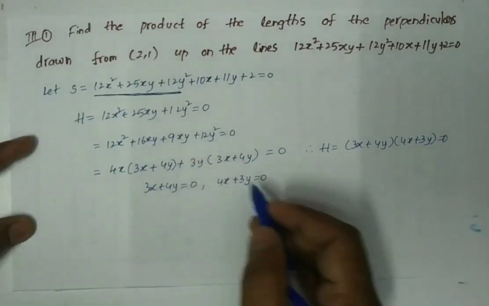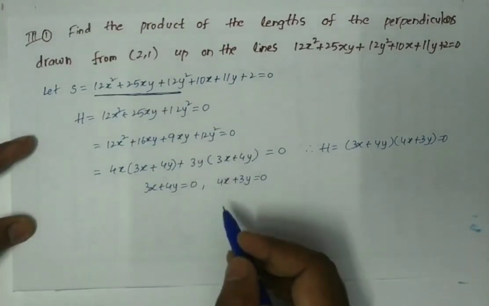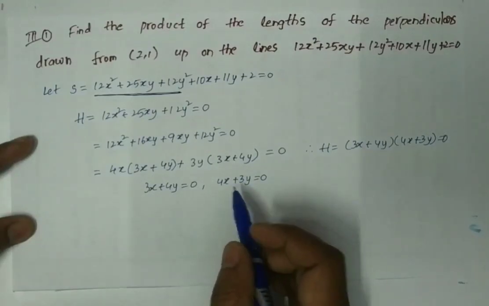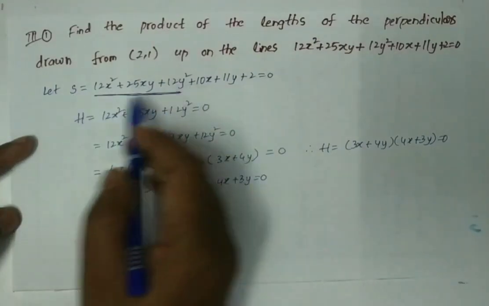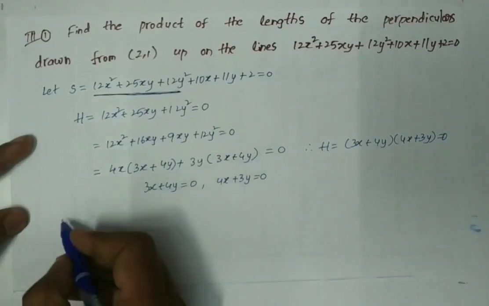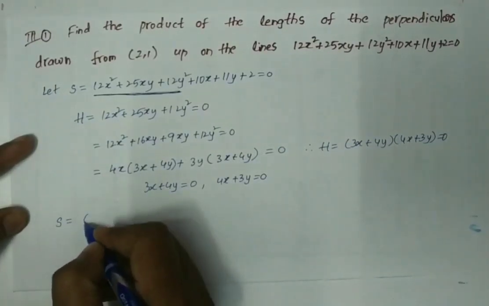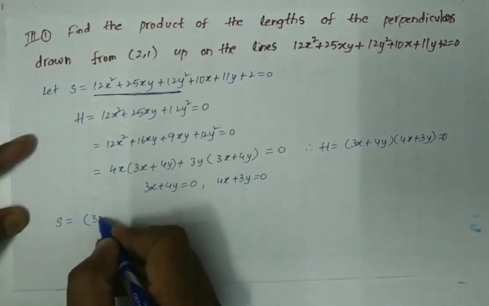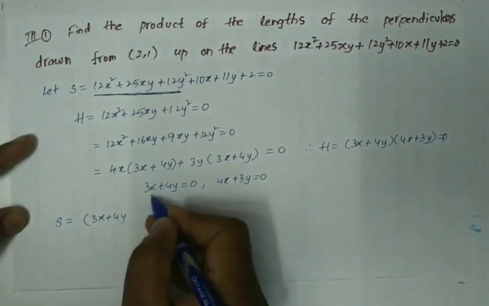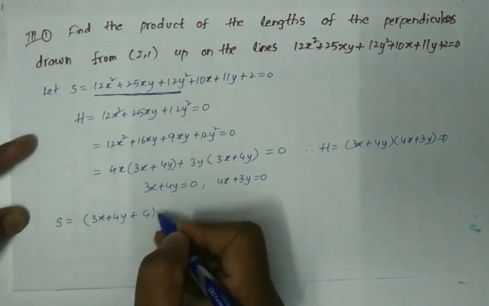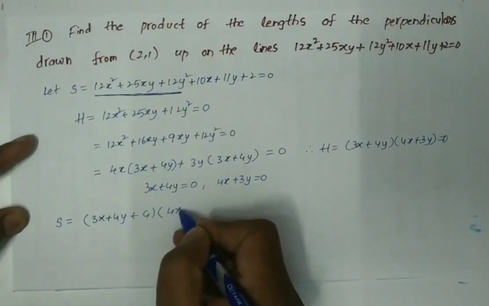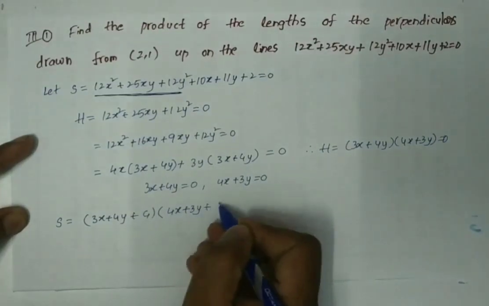Now by using these two equations we can find the equations which are represented by S is equal to 0. So in this case S can be written as 3x plus 4y plus c1 and 4x plus 3y plus c2.